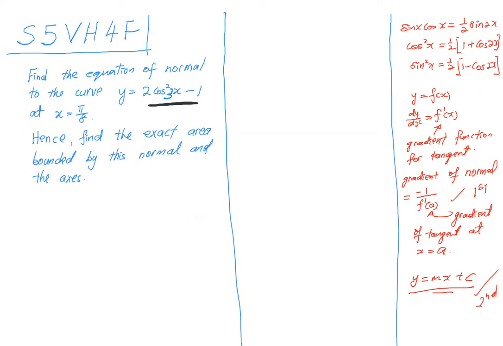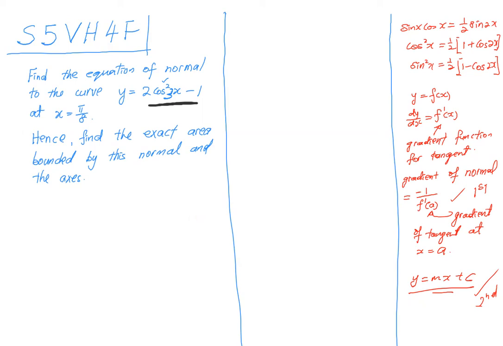Because if you want to straight away differentiate from here, you have to use the chain rule. Actually, nothing wrong, you can do that. But if the question just asked me to find dy dx, I will straight away use the chain rule. But the question wants me to find the equation of tangent, so I will try to make my thing as simple as possible.